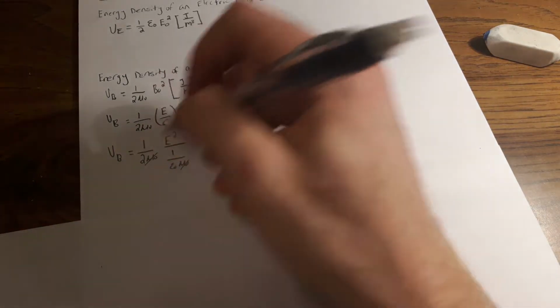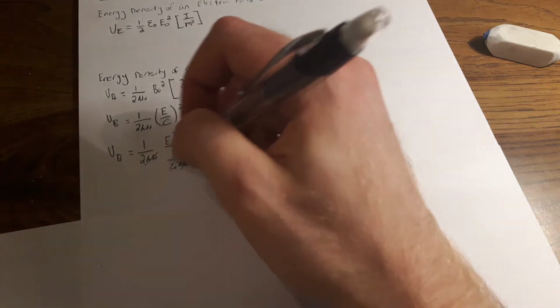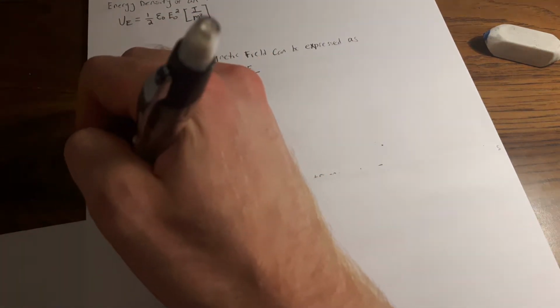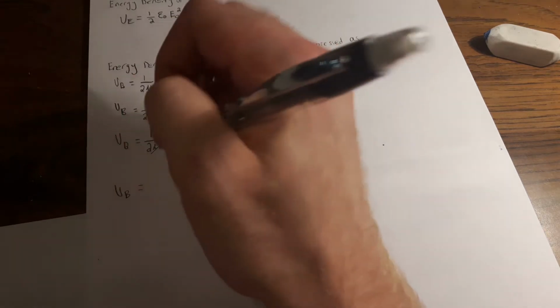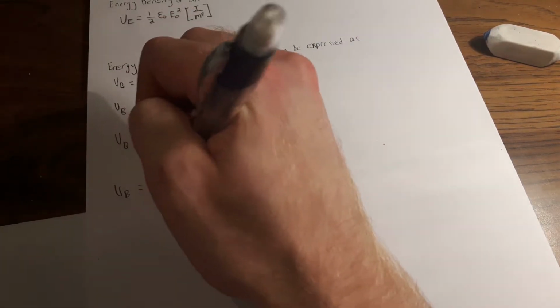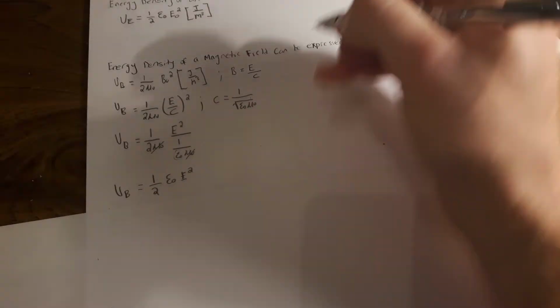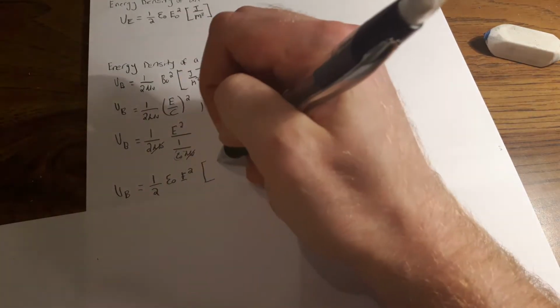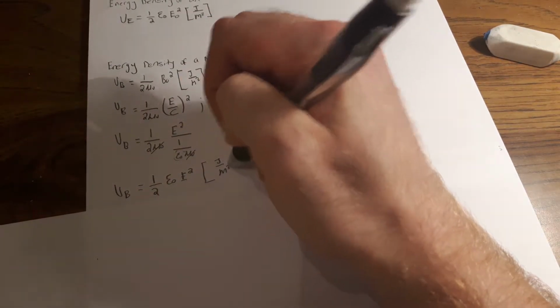Now these mu naughts cancel out. This epsilon naught gets brought up top, and you see that U_B is equal to 1/2 epsilon naught E squared. And again, that has units of joules per meter cubed.